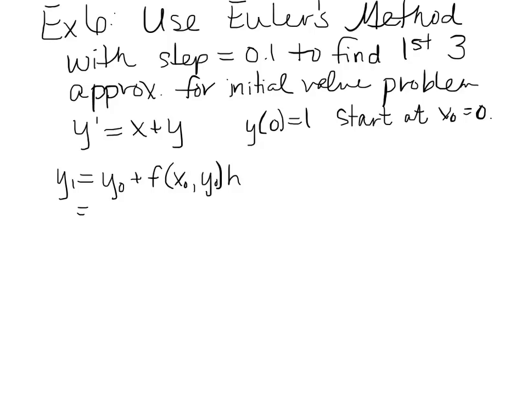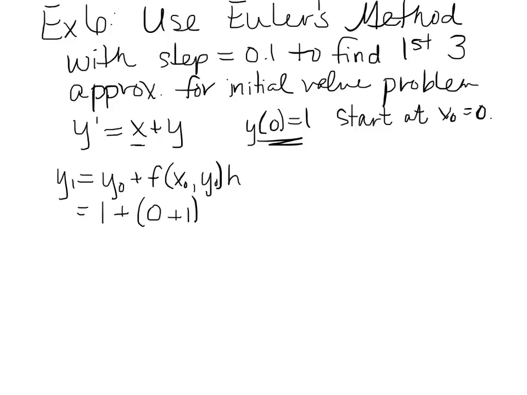I was given in my initial condition here that y sub 0 is equal to 1 plus my function evaluated at x sub 0 and y sub 0. So x sub 0 into this equation is going to give me 0 plus my y sub 0 value, which was 1.